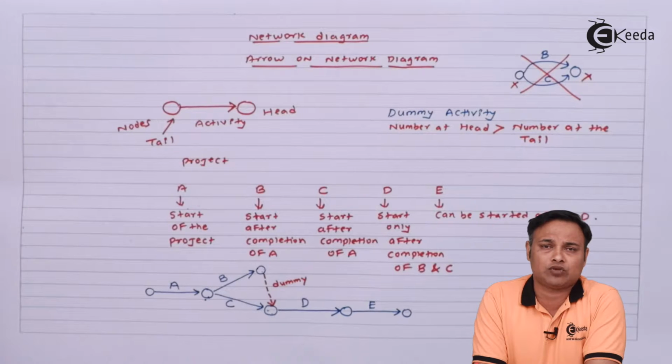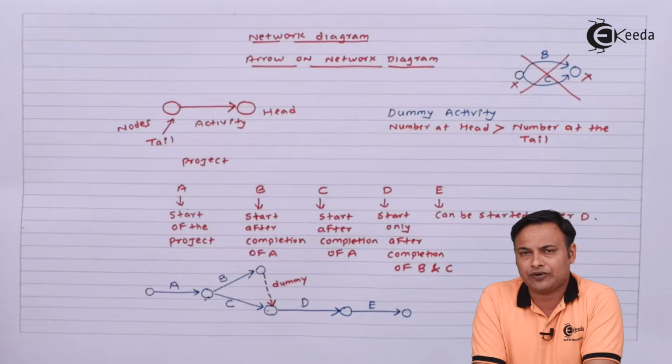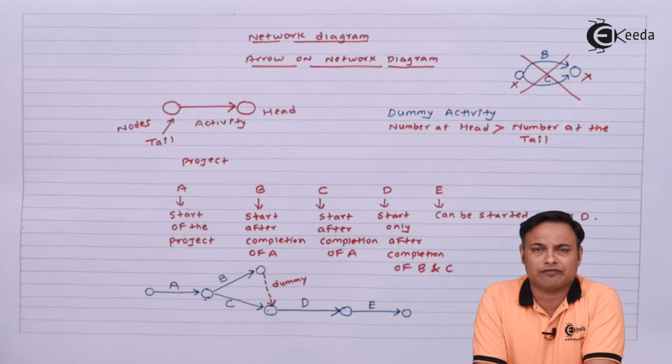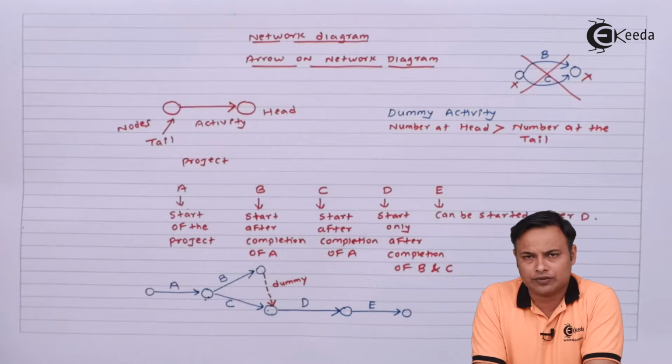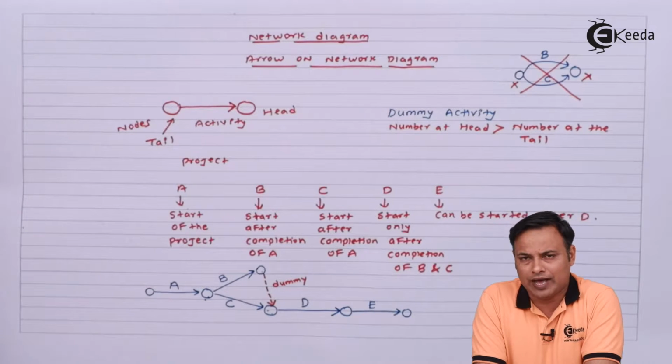That is the rule that should be strictly followed while putting down the numbers, and the flow should be from always left to right. None of your arrows should move backwards. They can go up, they can go down, they can go horizontal, but you can't go for backward arrow facing network diagram.